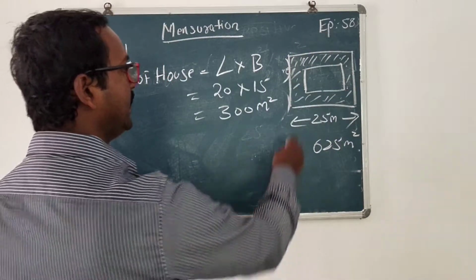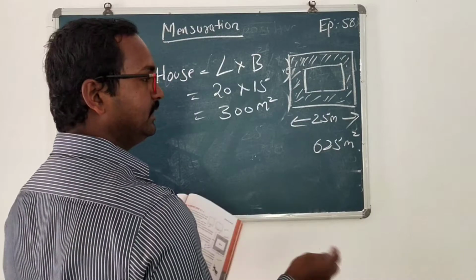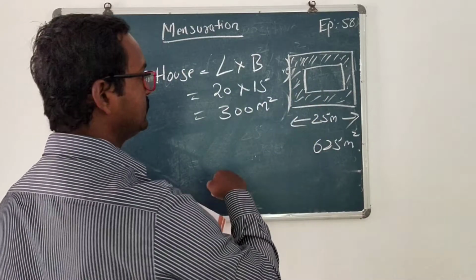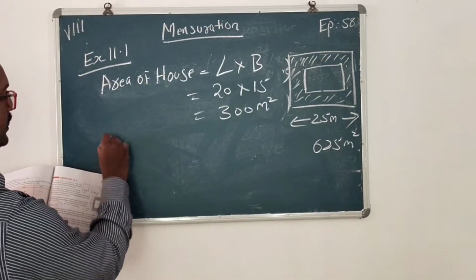Now we have to find the area that is left over after constructing the house. So that is the area of the garden.